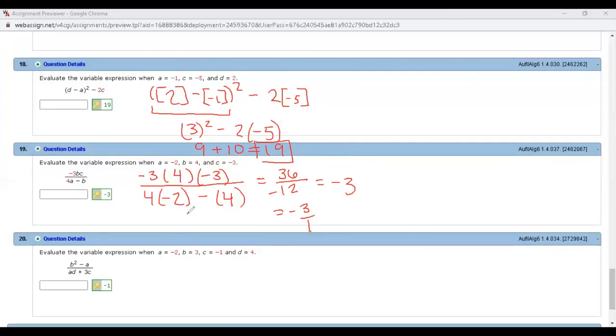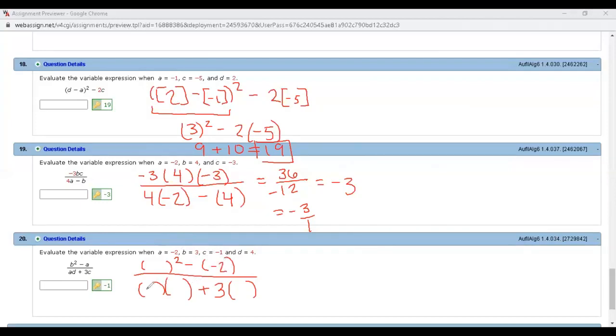So for number 20, we have another fraction. This is you guys' favorite kind. And what we want to do, we're going to keep doing this little method. Leave a little gap for all of our values that we have to plug in. So everywhere we see an A, we're going to plug in a -2.